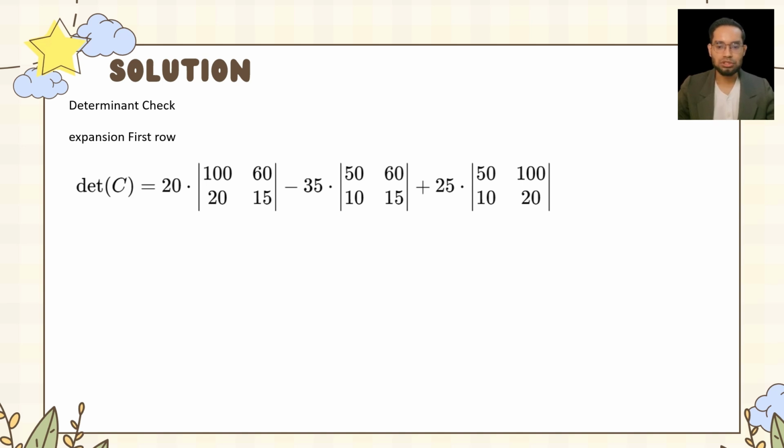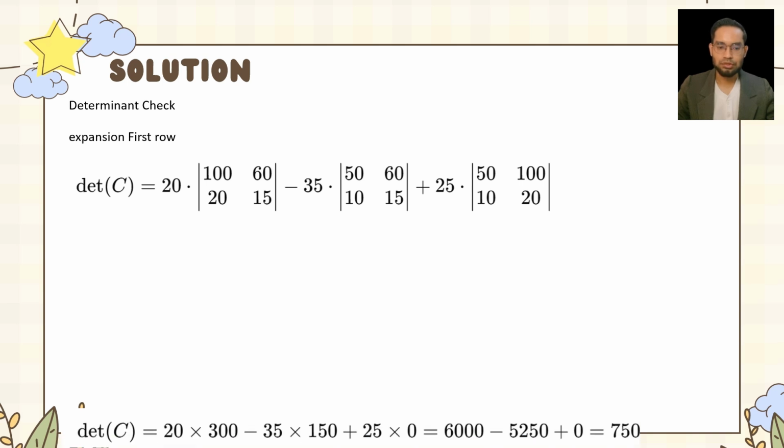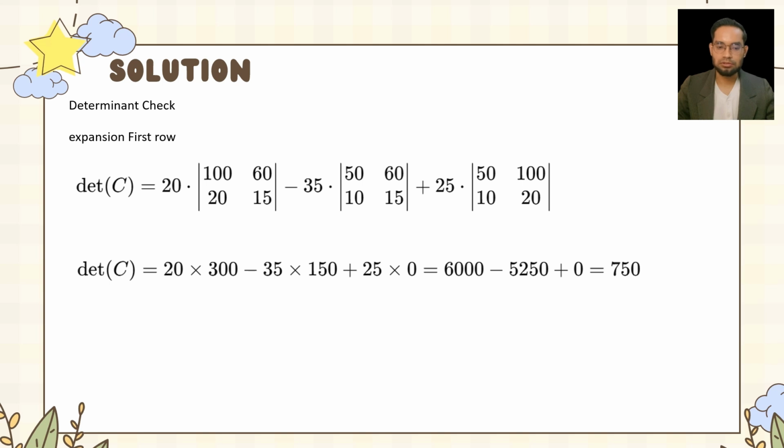We substitute in the three expansions, which is determinant C equals 20, the first minor, times 300, the answer from the first 2 by 2 matrix, minus 35. Why minus over here? We refer to the methodology, in which we have already given the signs for each row and column.